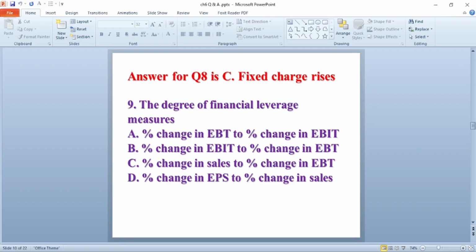Question number 9. The degree of financial leverage measures dash.